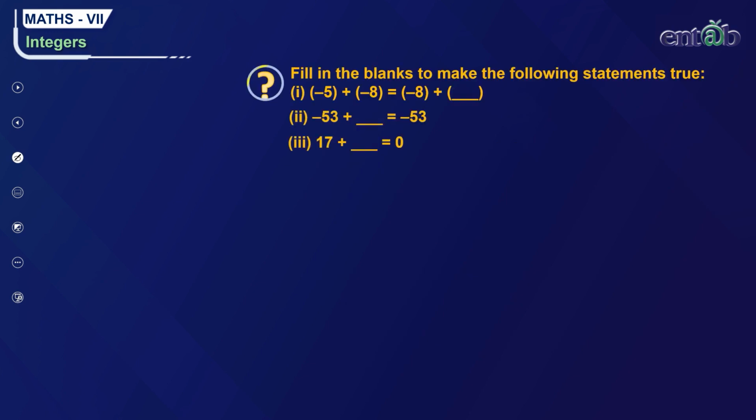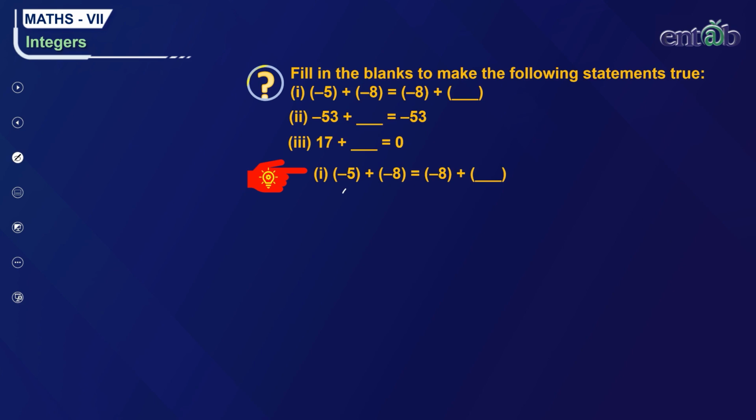Fill in the blanks to make the following statements true. Minus 5 plus minus 8 is equal to minus 8 plus blank. Minus 53 plus blank is equal to minus 53. 17 plus blank is equal to 0. So, let's see. Minus 5 plus minus 8 is equal to minus 8 plus blank. Here, which property of integers can we use?